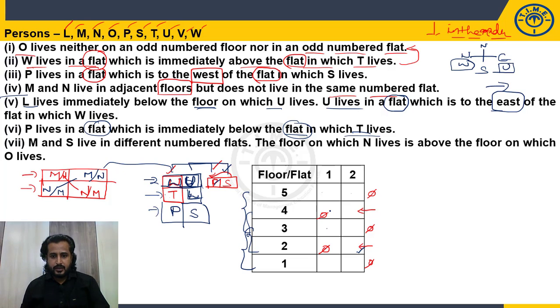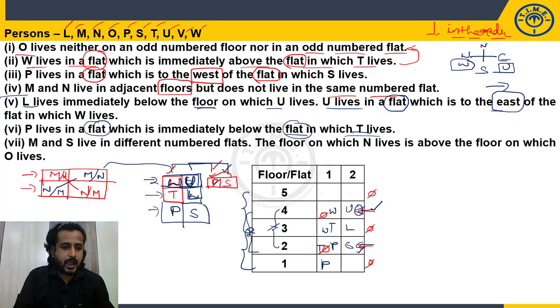If you take W, T, P here, this will be U, L, S, but O should be one of these two places. So is this possible? No. So the 4, 3, 2 possibility is ruled out. Now 3, 2, 1. Yes, it is possible. By taking W, T, P here, I can take the O here. So it is possible. So how many possibilities do we have? 2 possibilities. Now we are able to combine the statements.